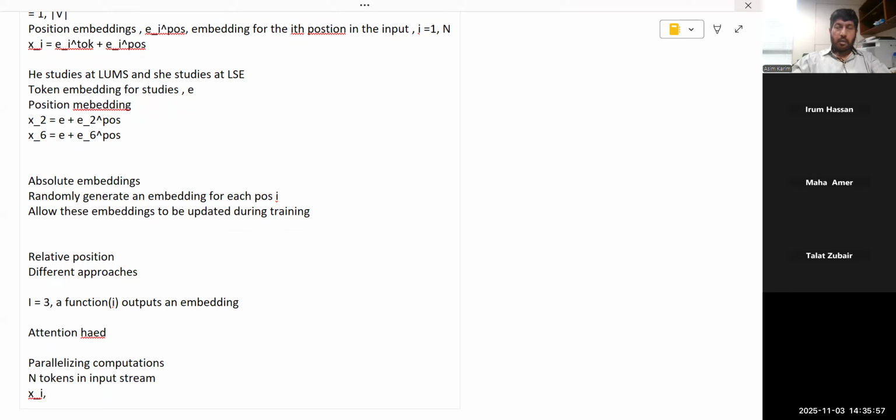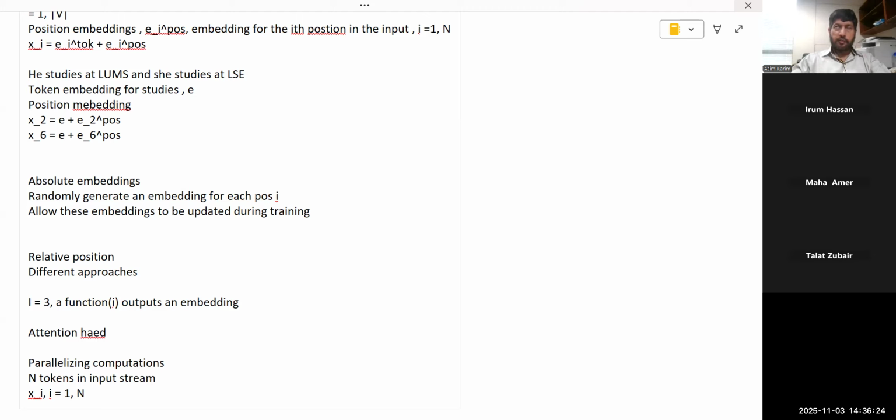Okay, and of course i is equal to 1 to N. And by the way, this i here is referring to the position in the stream. And of course, within that token, within this x, you'll have the token embedding and the position embedding. ठीक है, जो हमने पीछे discuss किया था.